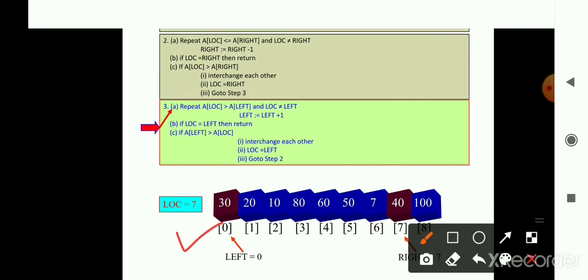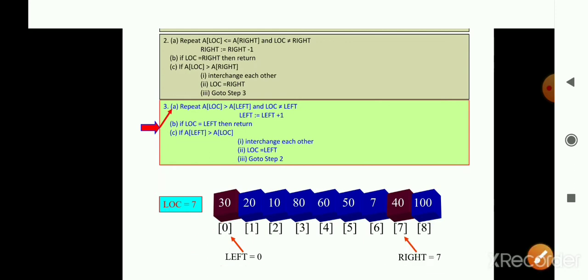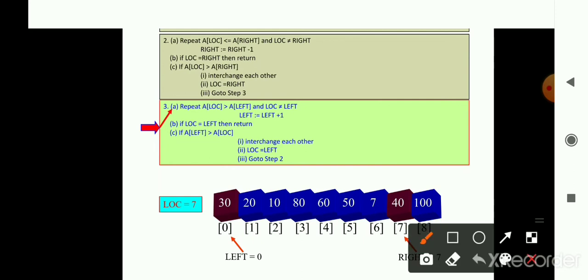Now here the 40 is at the right hand side and 30 is at the left hand side. Whenever we are changing the positions, at that time only will the location change. The location will change when we are performing interchange.